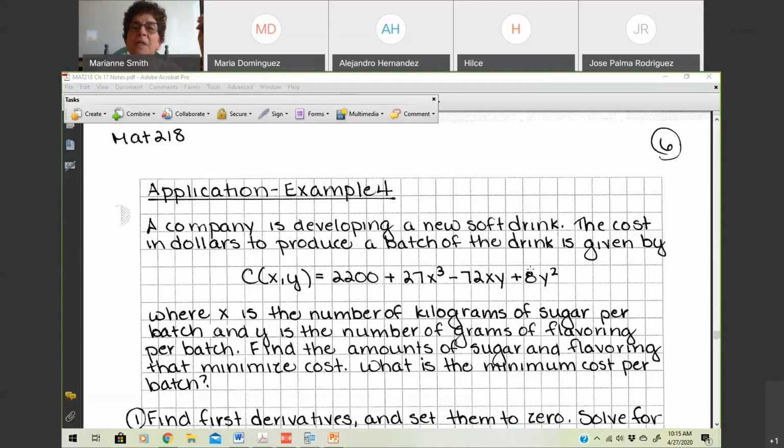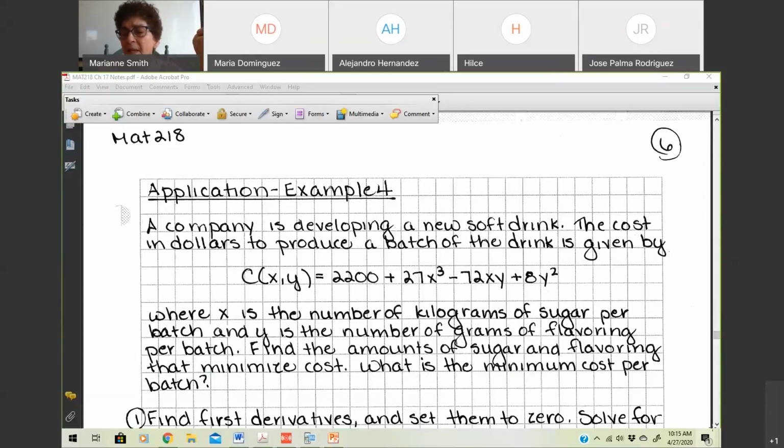And then there's this secret recipe of spices that goes into it, and that's a little bit smaller. So x is in kilograms, y is in grams. We want to know what amounts of sugar and flavoring I have to put in a batch that will minimize my cost. So I want to make something I can sell according to this formula, but at minimum cost.